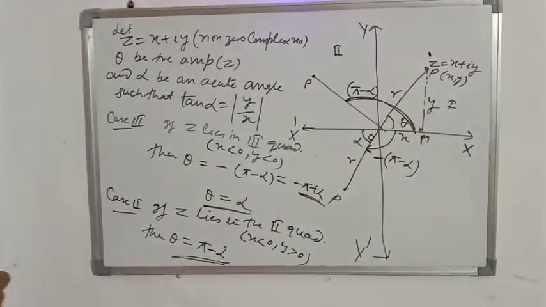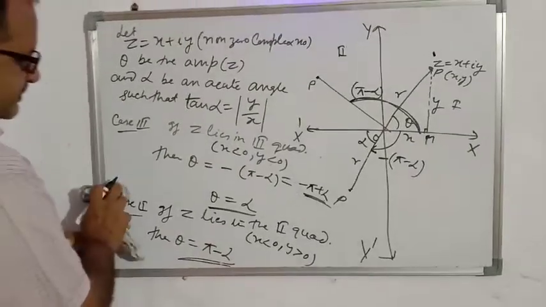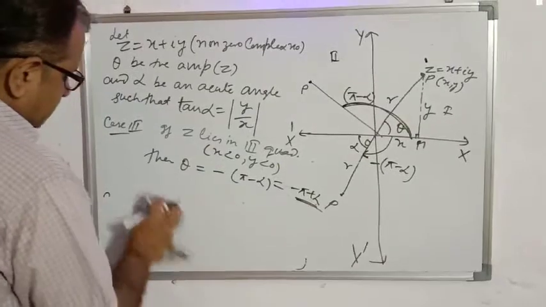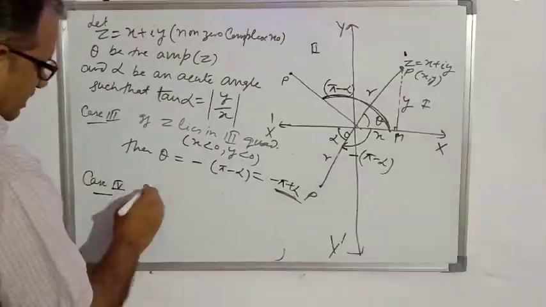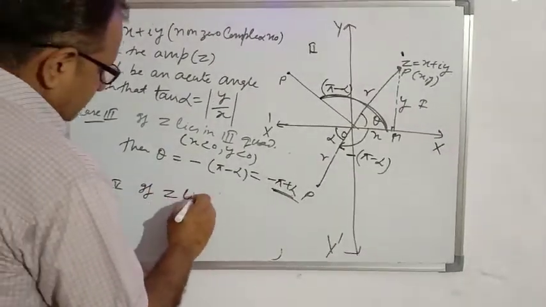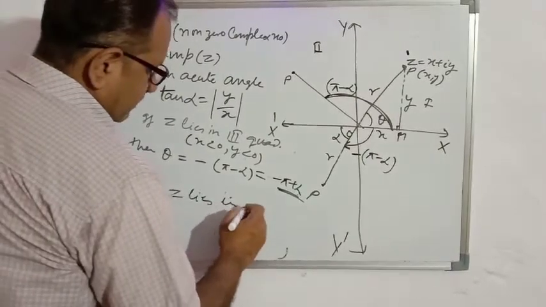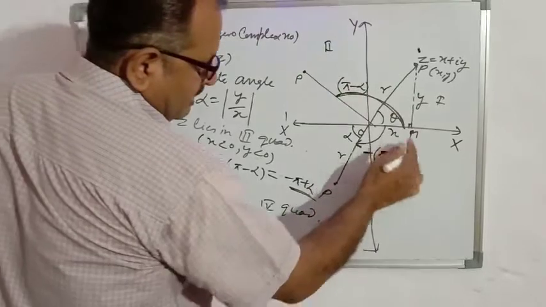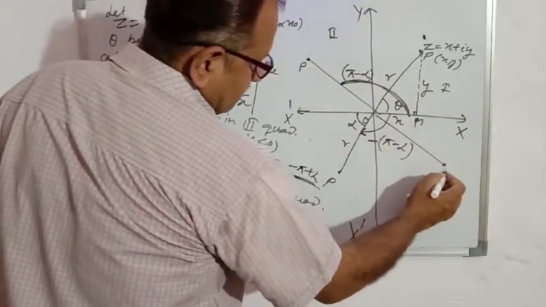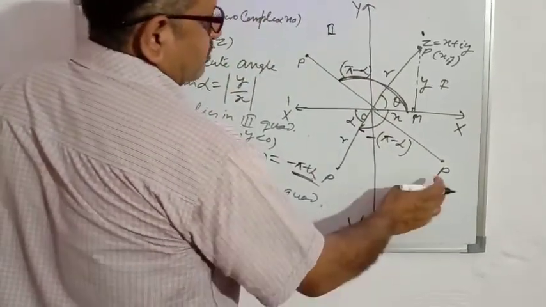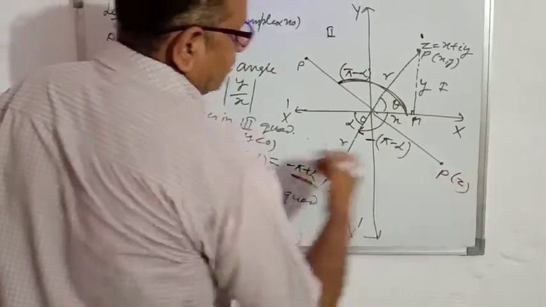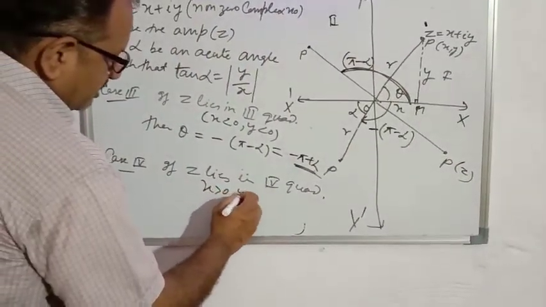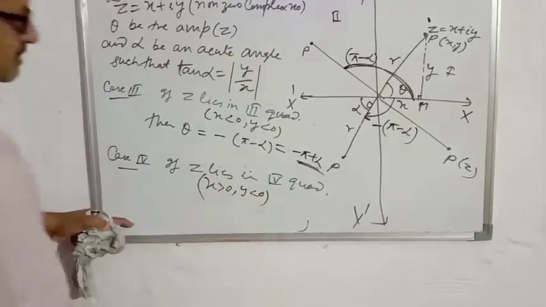And the last case, the fourth case, if z lies in the fourth quadrant, it means x greater than 0 and y less than 0.